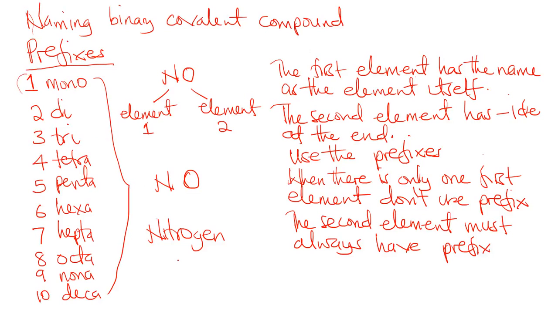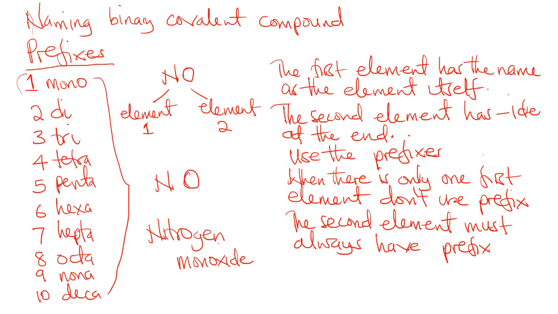So it will be monoxide. We have one nitrogen here, but because it's the first element, we just call it nitrogen. We have one oxygen here, because it's the second element.